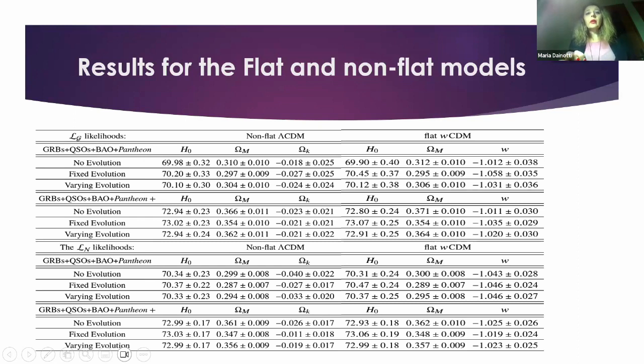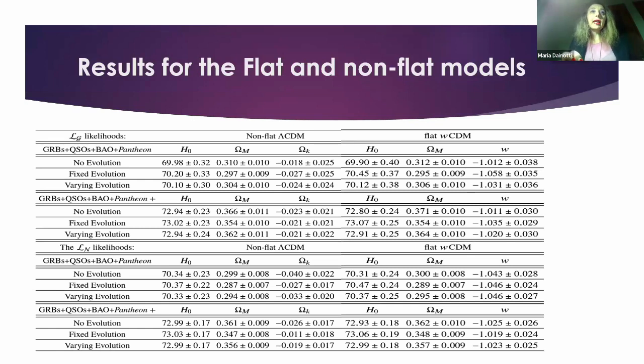So now what we can see here is that the new likelihood prefers a slightly larger value when you consider varying evolution. Varying evolution means that our function of the evolution varies together with the cosmological parameter. And this is something that we have tested in a more refined way in a paper for quasars, Lenart et al. 2023.